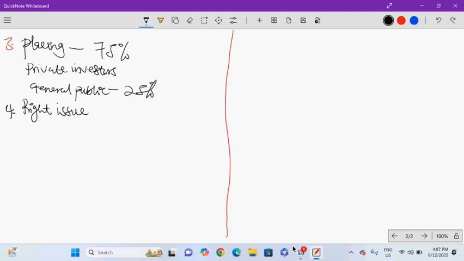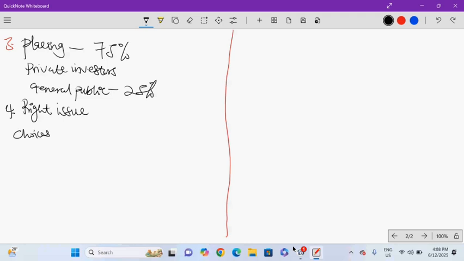But with the right issue, you buy additional shares at a lesser price than what we know already. So it is usually lesser than the market price.